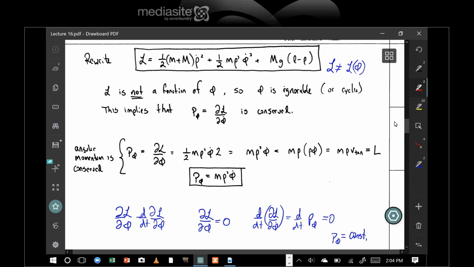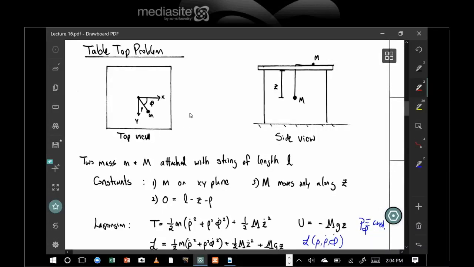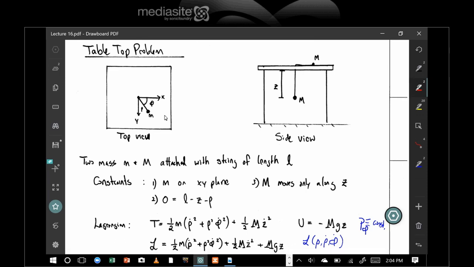Now, before I end, let's think about why angular momentum is conserved. Think about this mass moving in a circle. Are there any forces acting on it? Yes, there's the tension in the string that acts on the mass. Remember, we're talking about the angular momentum of the little mass m. Is it conserved? Yes.